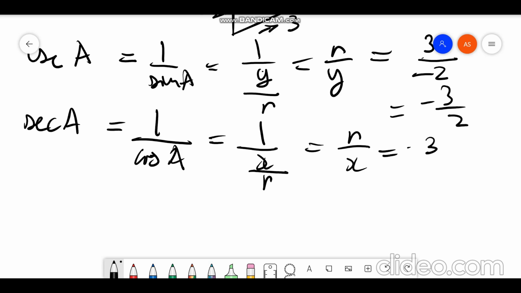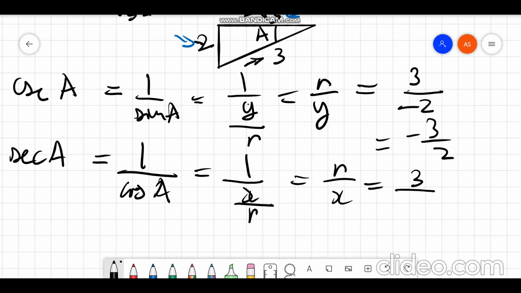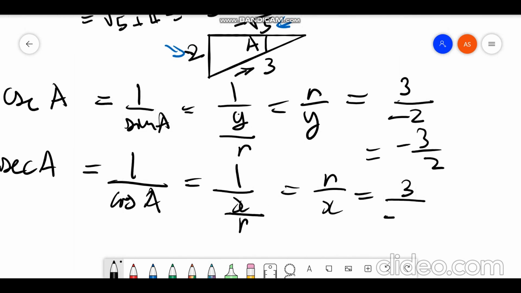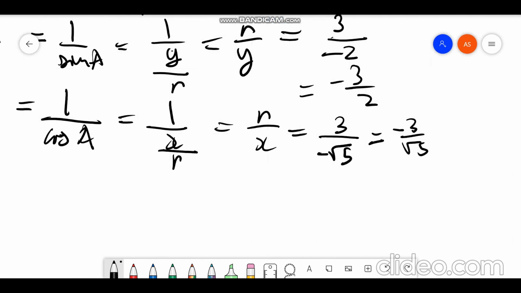The r is 3, and the x is -√5. We can also write this as -3 over √5, or we could rationalize it by multiplying both by √5. You would get -3√5 over 5.